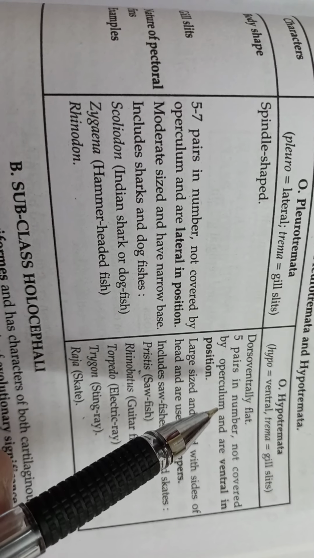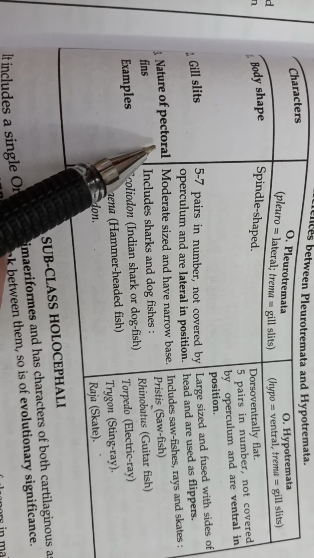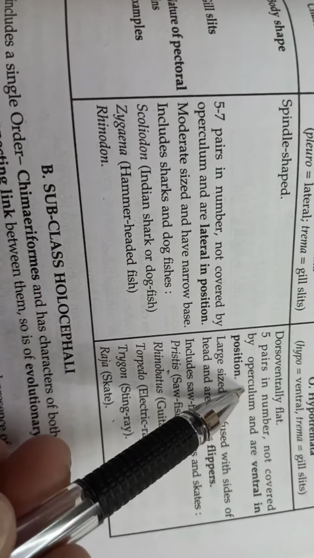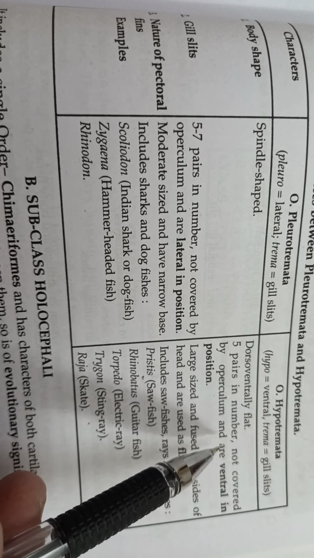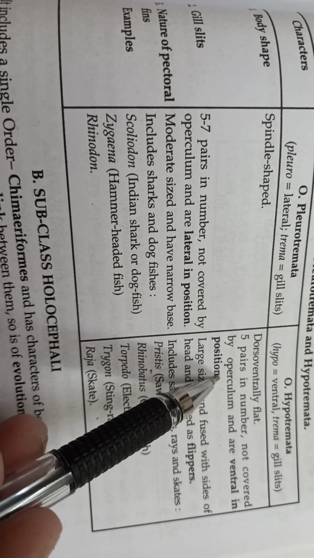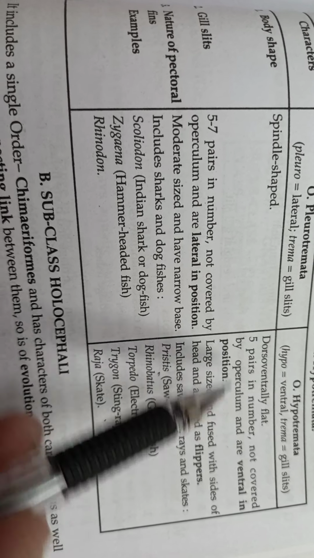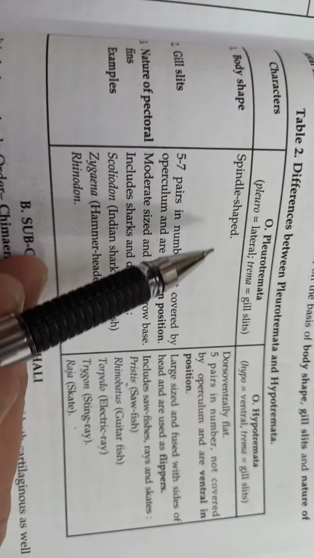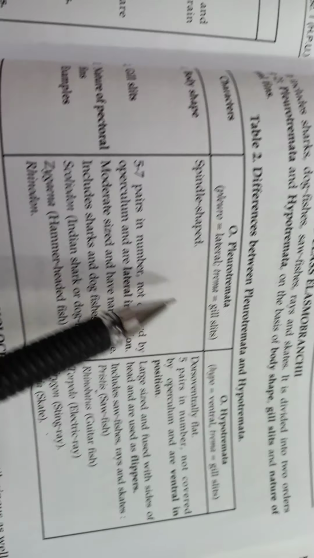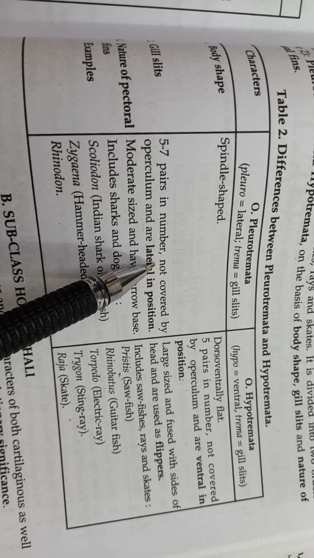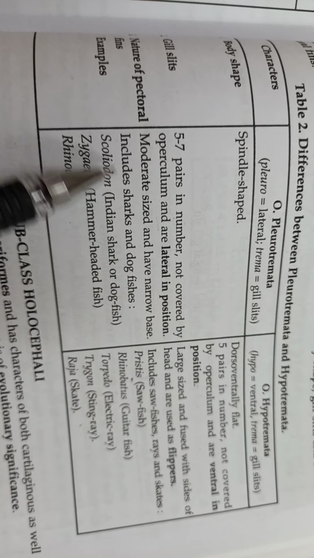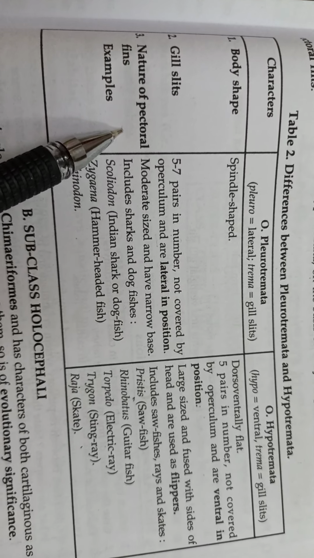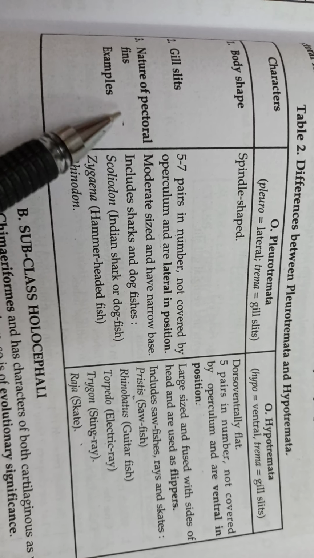Next, you can see the gill slits, which I have just shown you here. Only five pairs of gill slits are present in the Hypotremata, which are not covered by operculum, so they are uncovered. Actually, in this subclass elasmobranchi, none of the gill slits are covered by operculum. Next is the nature of the pectoral fins.